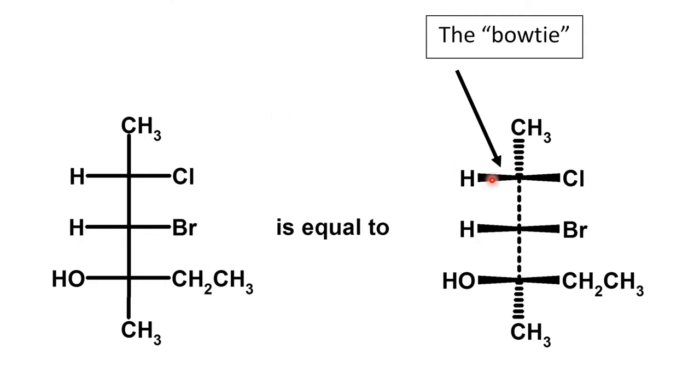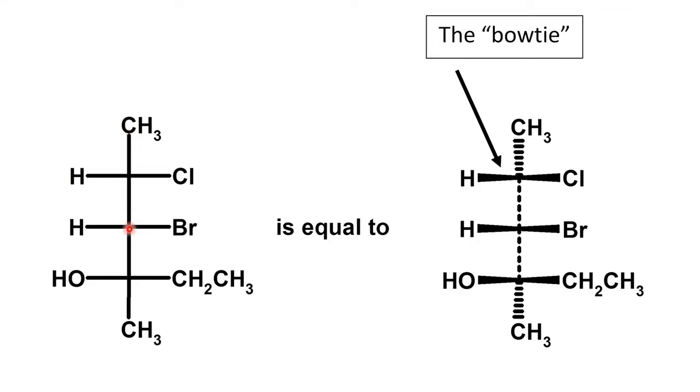The image on the right is the wedge type of model of representing a molecular structure. These are the wedges going towards the viewer, and these are the wedges going away from the viewer. So how is this converted into a Fischer's projection? CH3 is moving away from the viewer, meaning CH3 is going into the screen, so it will be drawn on a vertical line. All of the CH3s are moving away from the viewer.